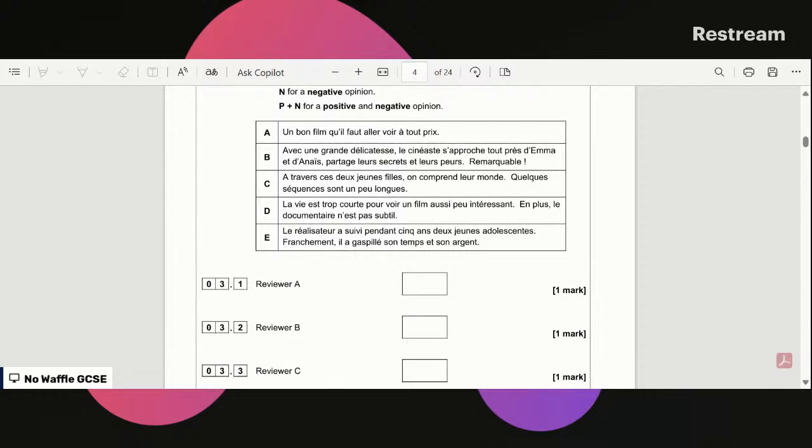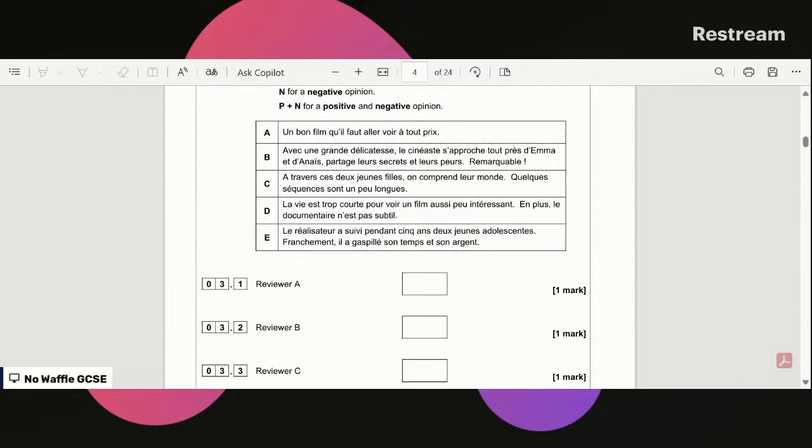And then D, la vie est une trop courte pour voir un film aussi bon intéressant. En plus, le documentaire n'est pas subtil. So that is a negative because it's not very interesting, and on top of that, it's not very subtle. So quite negative.